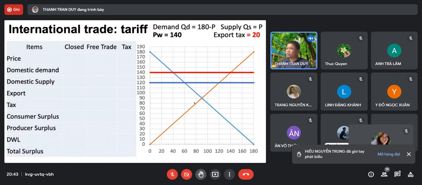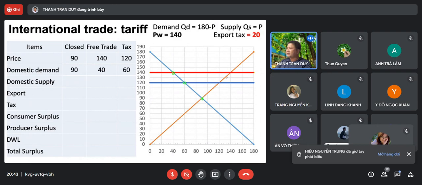If the world price is higher than our price, then we export, right? And we also have 3 cases: whether we fully close, free trade, and tariffs. And the analysis will be the same, right? The price for the closed economy, free trade, and the tariff. Domestic demand will be this one, 90, 40, and 60.